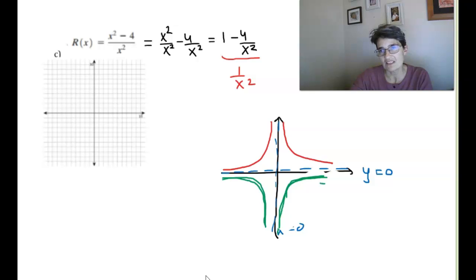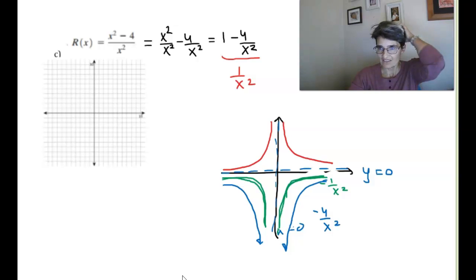Okay, so if this is negative 1 over x squared, negative 4 over x squared is going to be stretched vertically. Okay, so this is the shape of my function. All right, now this one is a vertical shift.